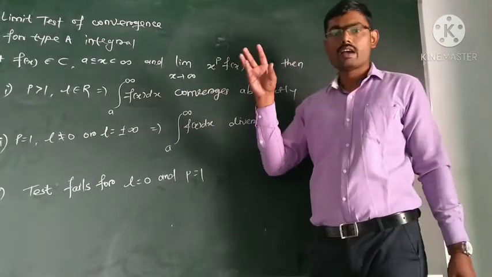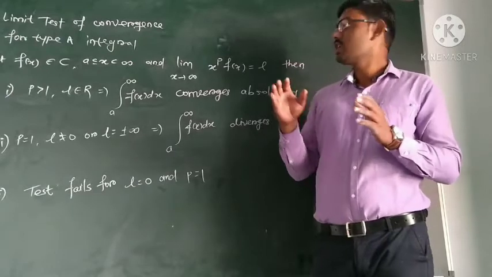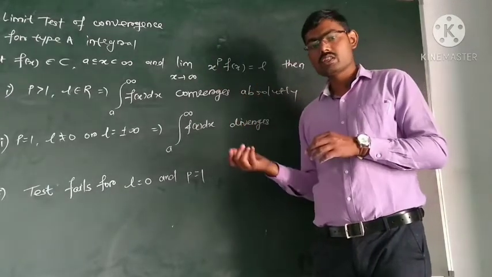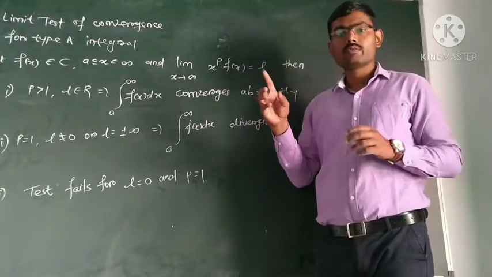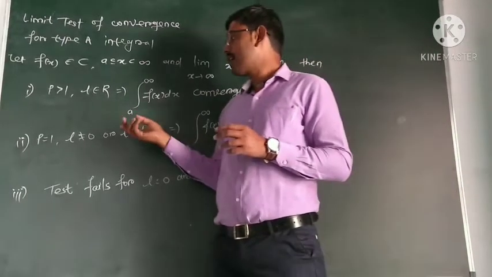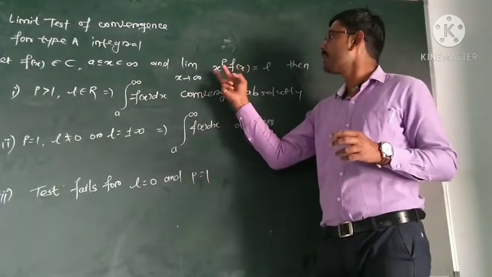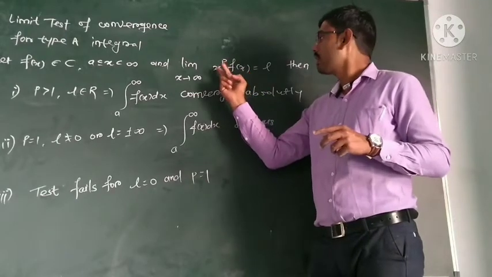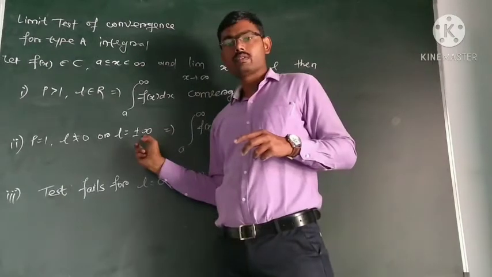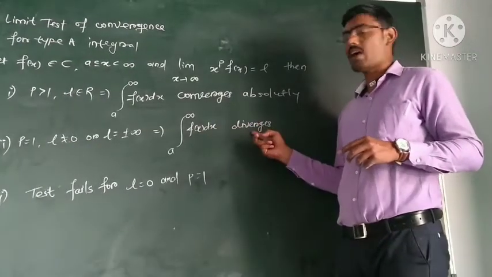So if we have an example where they say to check or show that this improper integral is divergent using the limit test, then for divergence we have to take the value of p equal to 1 and check the limit of x to the power p, with p equal to 1. So the limit of x into f of x is equal to L, and if the limit is plus or minus infinity, not equal to 0, then the integral is divergent.